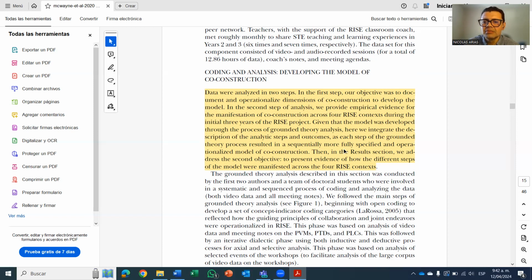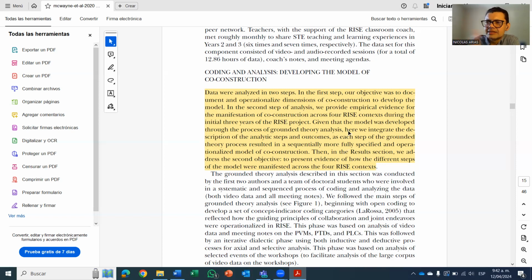Given that the model was developed through a process of grounded theory analysis, here we integrated description of the analytic steps and outcomes, and each step of the grounded theory process resulted in a sequentially more fully specified and operationalized model of co-construction. Then in the results section, we address the second objective, to present evidence on how the different steps of the model were manifest across the 4 RISE contexts.